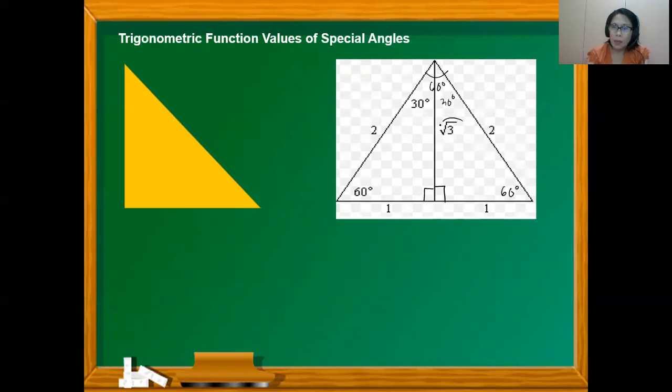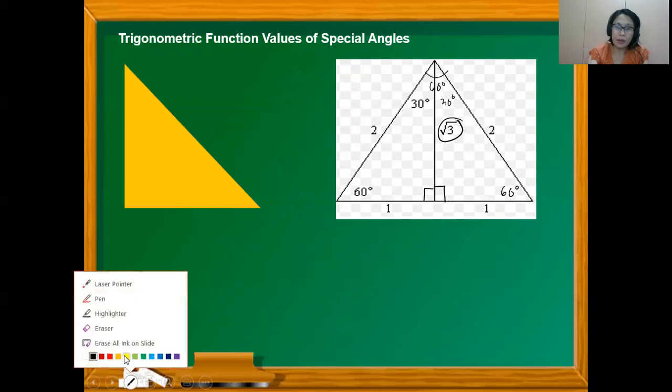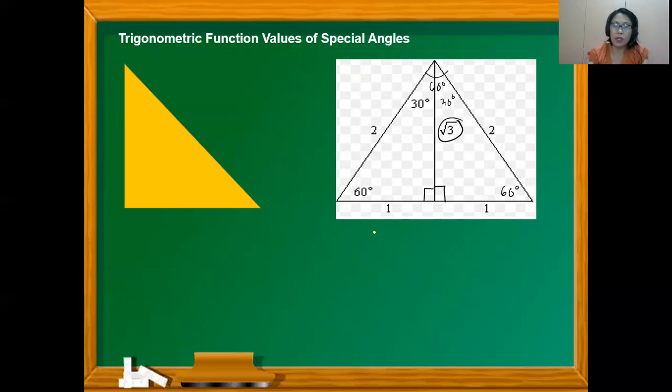Now, how did we come up with the side length equal to square root of 3? Working on the Pythagorean formula, the sum of the squares of the two legs of a right triangle is equal to the square of its longest side. Substituting the given here, 1 squared plus y squared equals 2 squared.